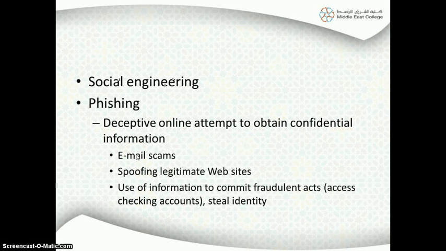Then comes social engineering. Social engineering is an attack vector that relies heavily on human interaction and often involves tricking people into breaking normal security procedures. A social engineer runs what used to be called a con game.